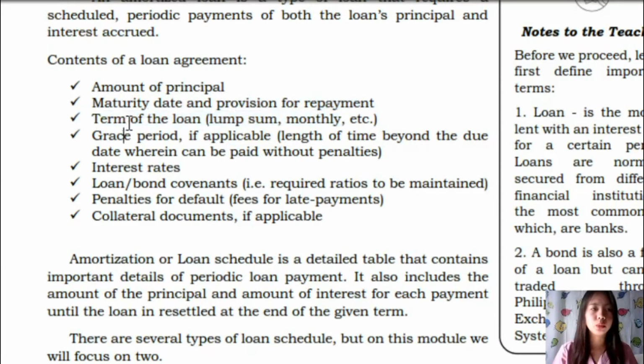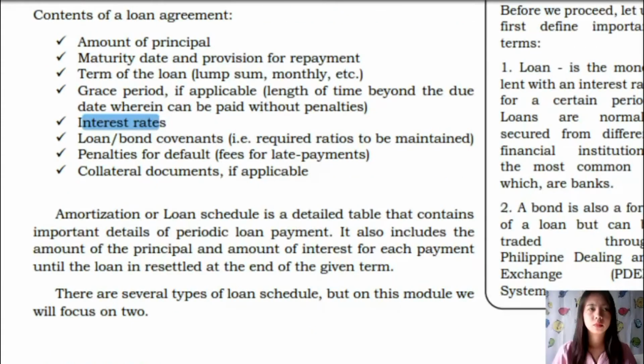Term of loan: lump sum, monthly, semi-annually, quarterly, etc. Also the grace period, if applicable, the length of time beyond the due date wherein it can be paid without penalties. Then interest rates, and loan covenants.